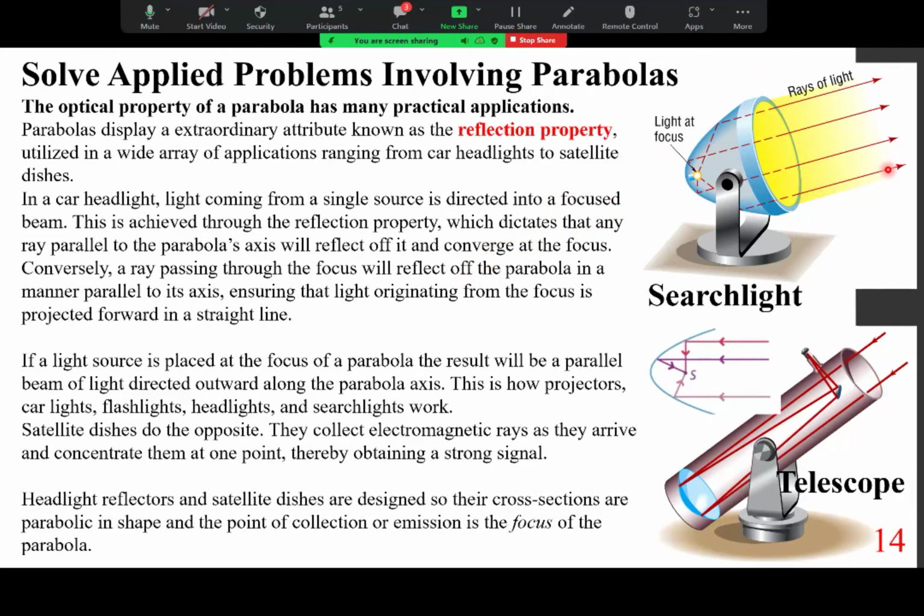So that's a good idea for lights, searchlights, and so forth. On the other hand, if electromagnetic rays come in and hit the wall, they concentrate into just one single point, which is the focus. And that is the property of parabolas, and they use them in optics as a result of this.